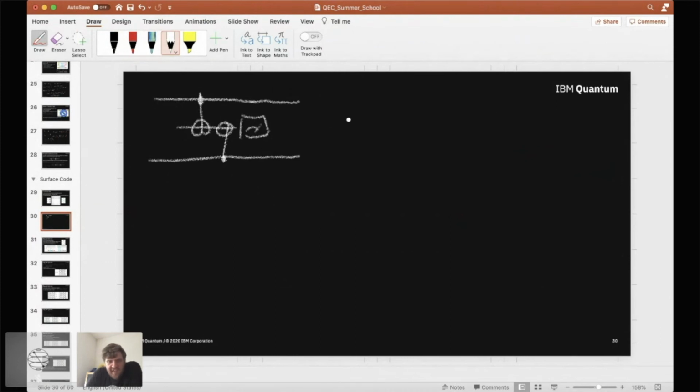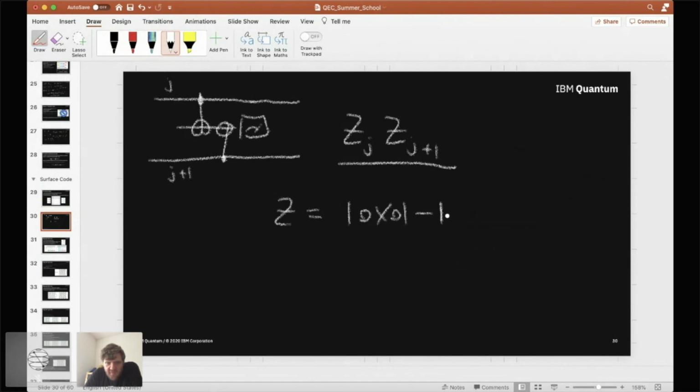We could also say that what we are doing is measuring the observable Zj Zj+1, if this is comparing two qubits called j and j plus 1. So this is an observable, so let's not get too much into the maths, but Z, as you'll see if you look into some of the sections in the first couple of chapters of the Qiskit textbook, can be written in this way.